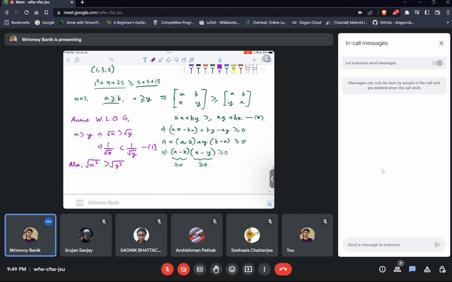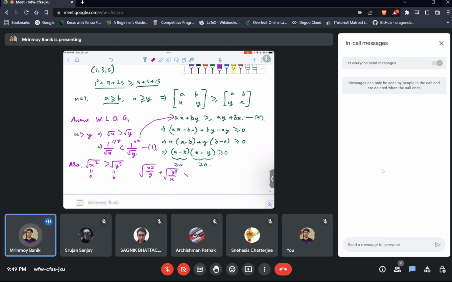Suppose this is a, this is b, this is x, this is y. Put it in here. Sorry, this is x, this is y. So you get square root of x squared by y plus square root of y squared by x.